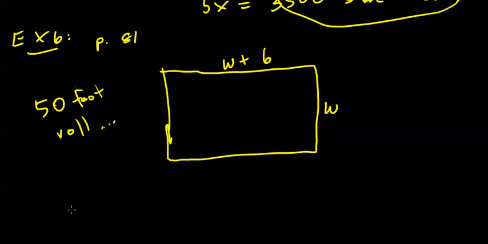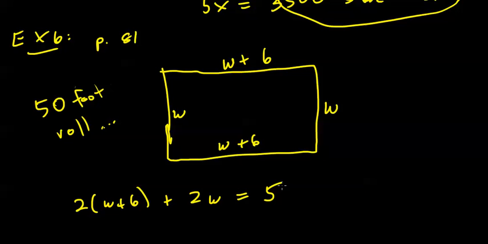Now, of course, in a rectangle, opposite sides are equal. That's by definition. And I can say I've got 2 times (W plus 6) lengths plus 2W lengths, and overall I've got 50 feet of fence to cover it all.